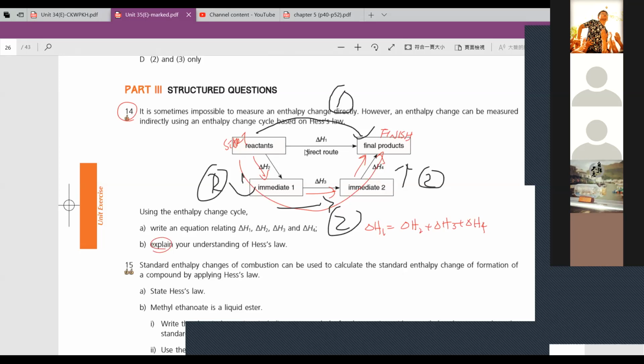Explain the meaning or the understanding of the term Hess's law. Anyone who still knows what that is? For those who know it, could you please type it onto the chat box? Let me know. What does Hess's law state about the delta H of a reaction?